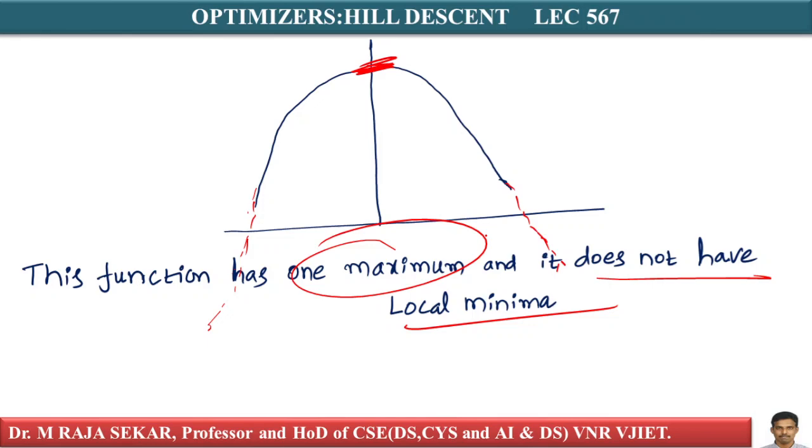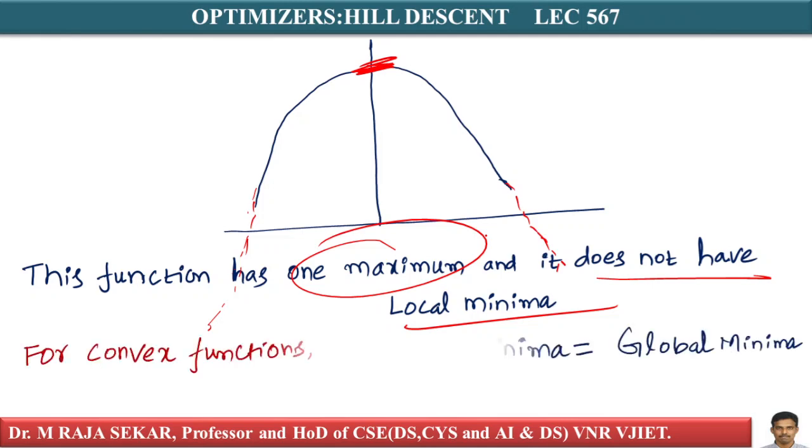If you have a non-convex function, what happens? For a convex function, your local minima is equal to global minima. This is important. This is for convex functions. You simply have one minima or one maxima for convex functions.